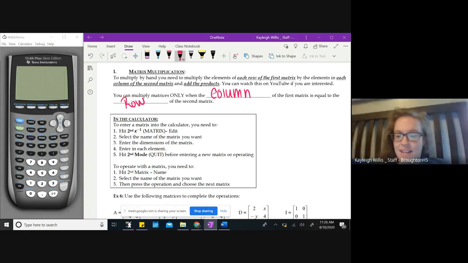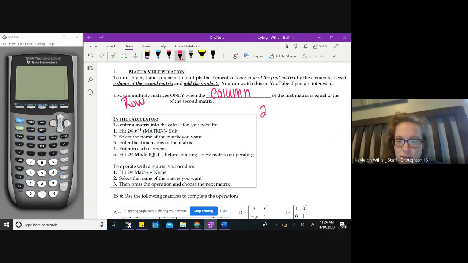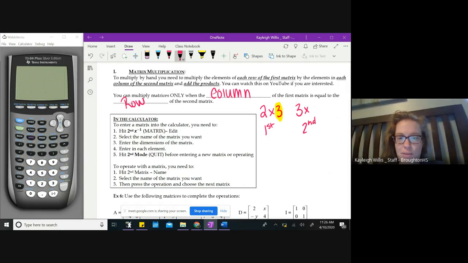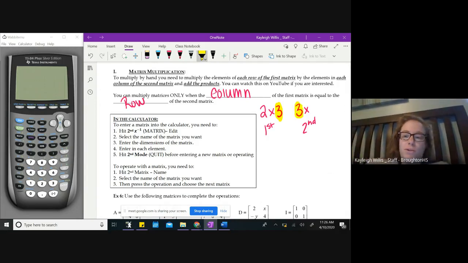If I multiplied a 2 by 3, which one of those is my column? It's 3. So if this is the first matrix, the second matrix has to start with a 3. It can be a 3 by 1, a 3 by 4, a 3 by 5. It could be anything. Those in the middle have to match when you're multiplying them.